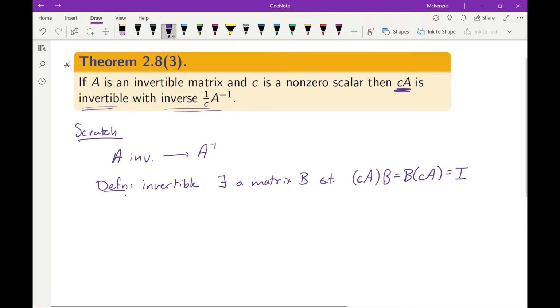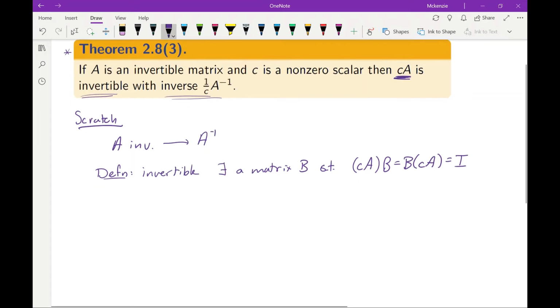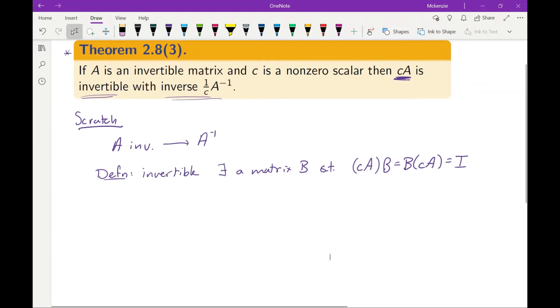So a few things here. Actually, let's just try it. Let's try exactly what the theorem claims. Let's try setting B equal to 1 over C times A inverse.